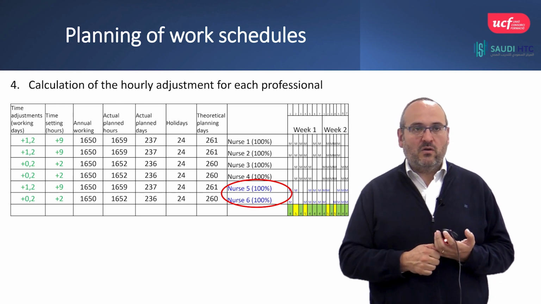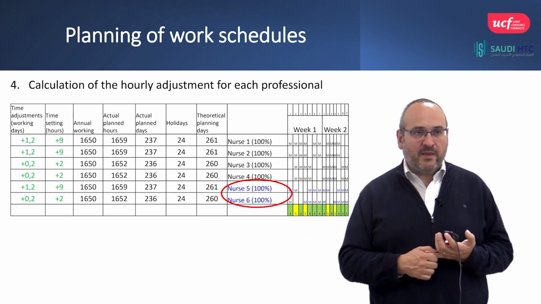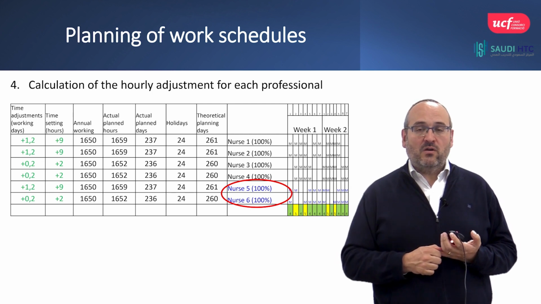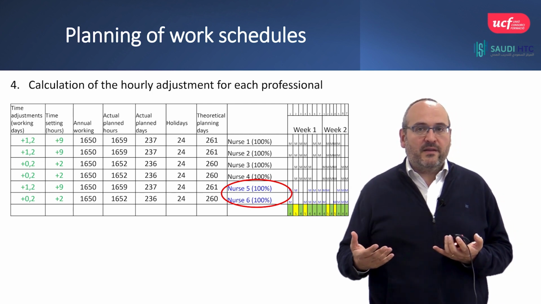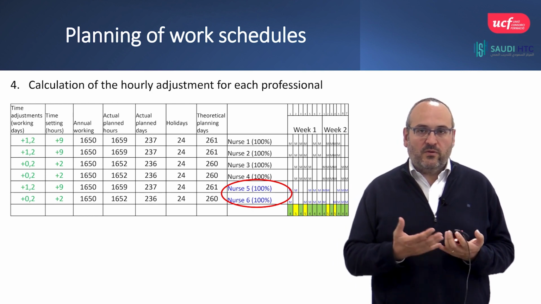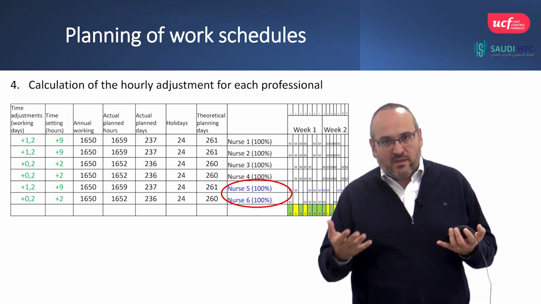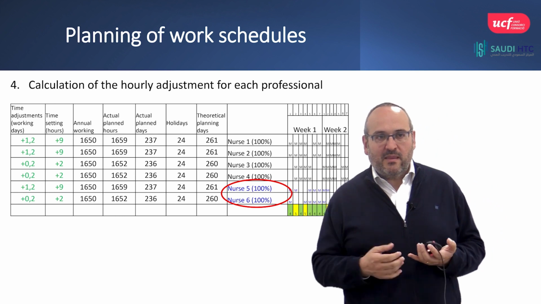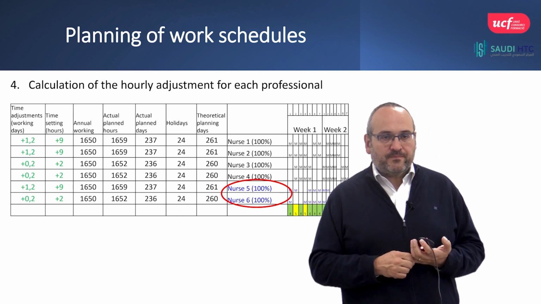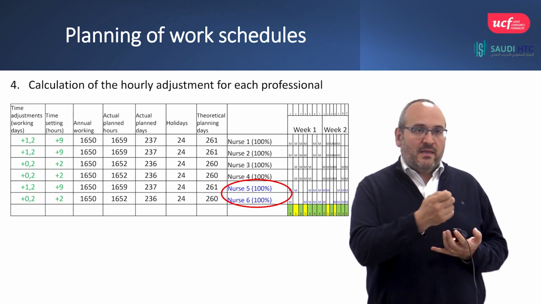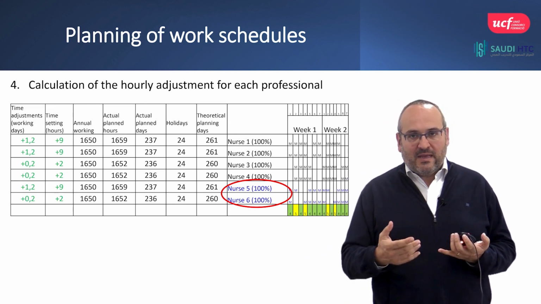This is regulated by the labor agreement, and in this company and in this invented unit, let's say that there are 24 working days a year. Well, this implies that the actual working days will be 237. If we transform this into hours, they are 1,059 hours.